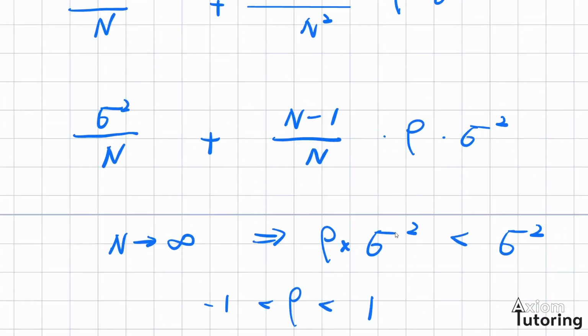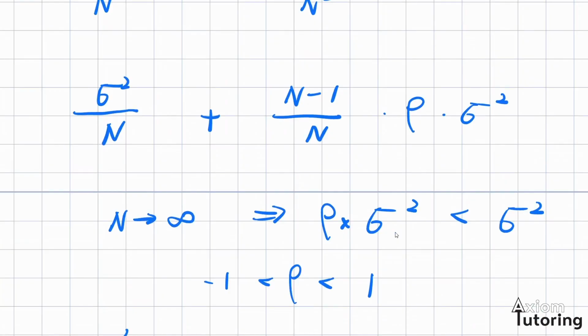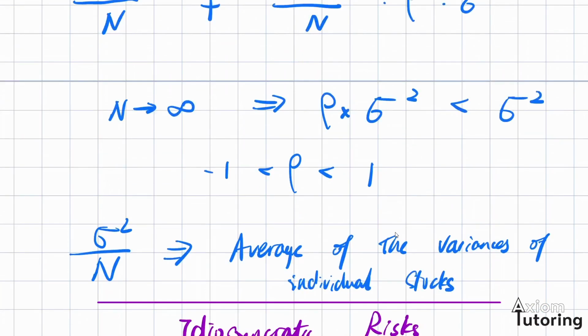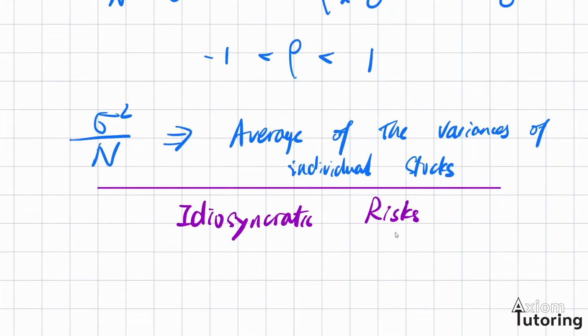Though you can argue that if rho is 0 here, then this thing goes to 0, but it's very unlikely that everything in this market is unrelated. So we can assume that rho, even though it can take a value between -1 and +1, is going to be positive. So it's not going to be diversified away unless this market is completely uncorrelated, which is not going to be the case.